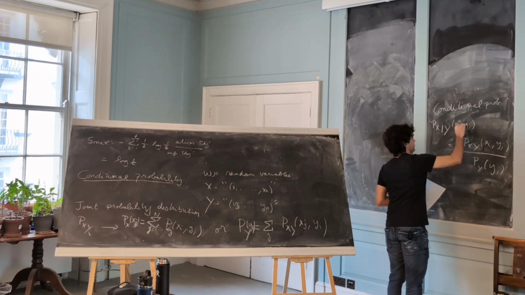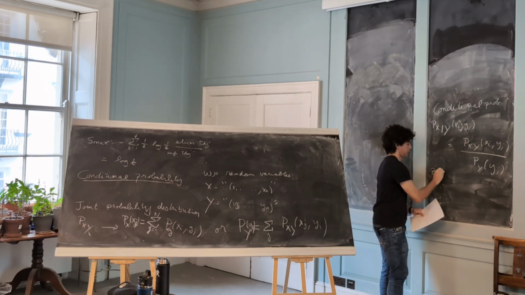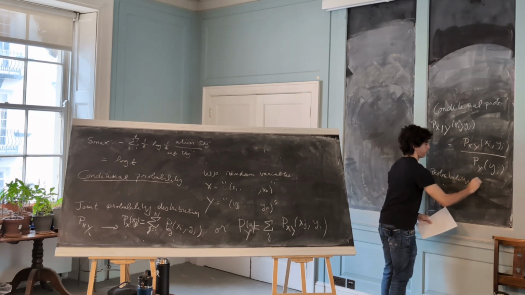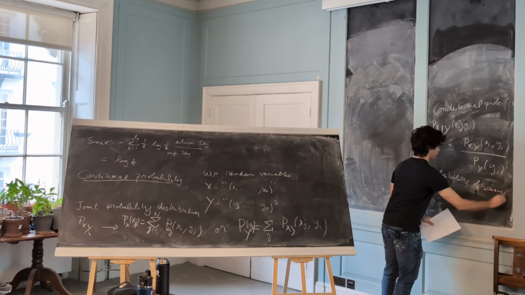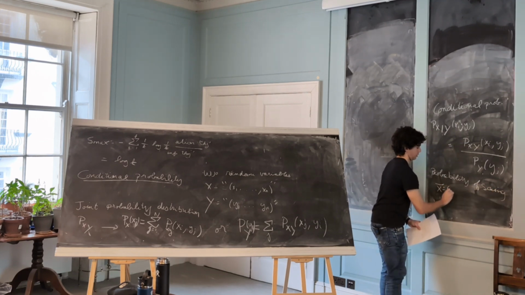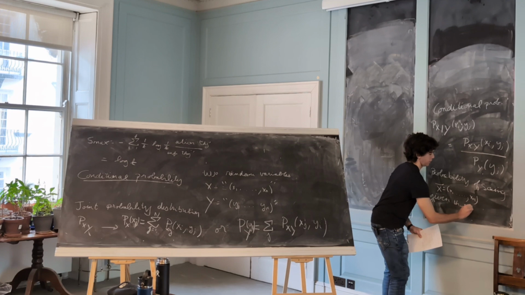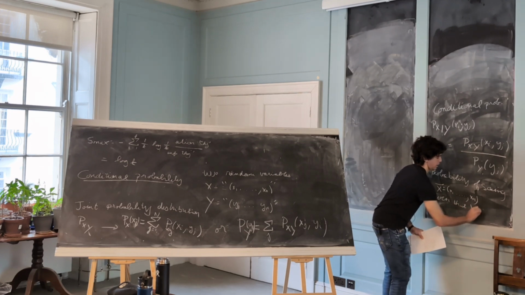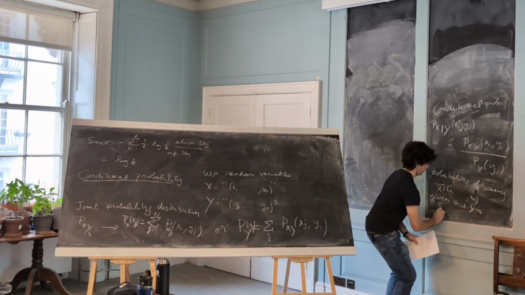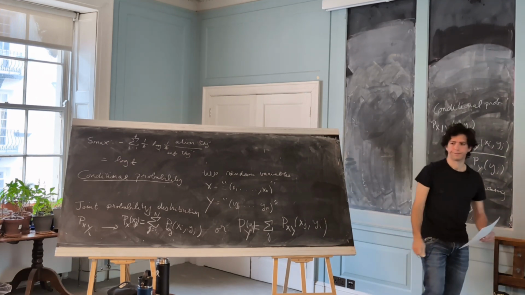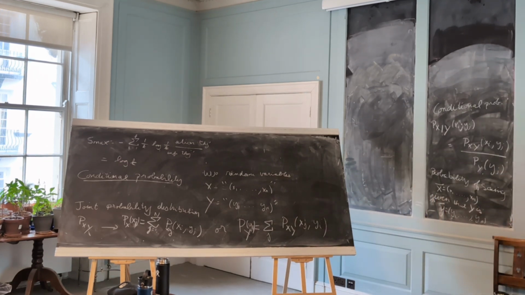And this is the probability of observing the string X given that the state of Y is this state. That's this notion of conditional probability.